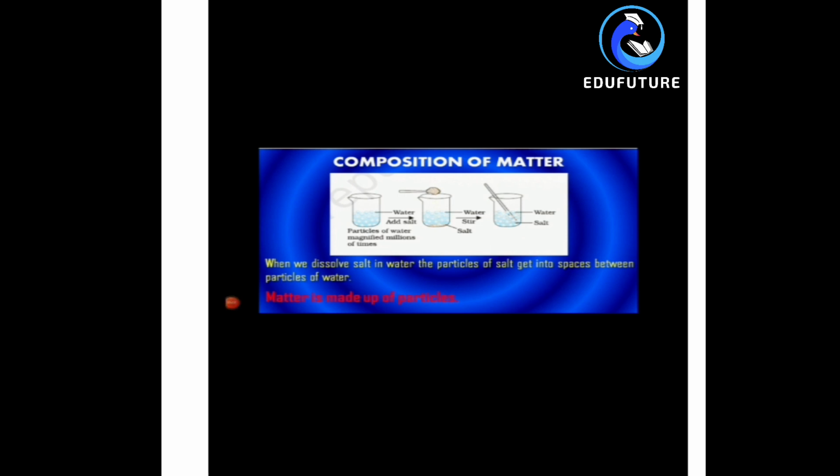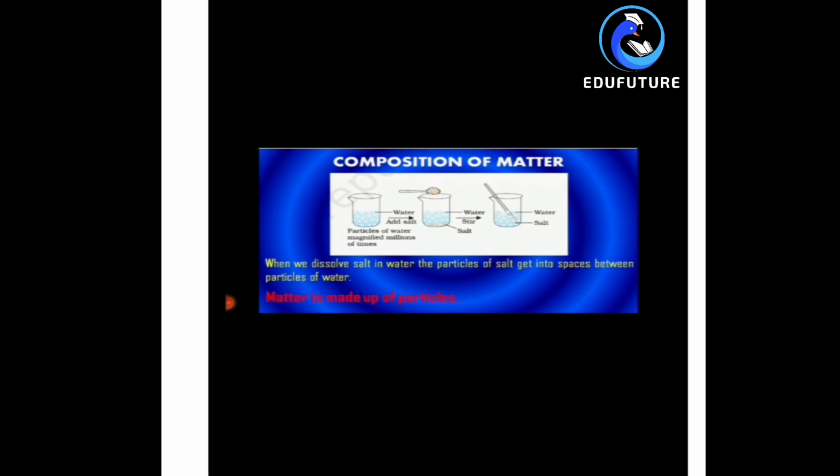Composition of matter. Matter is made up of particles. How do you know that? You can know that by doing another activity. When we dissolve salt in water, the particles of salt get into spaces between the particles of water. How do you do that? First, take a glass of water.